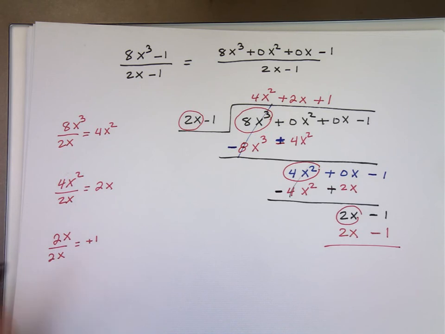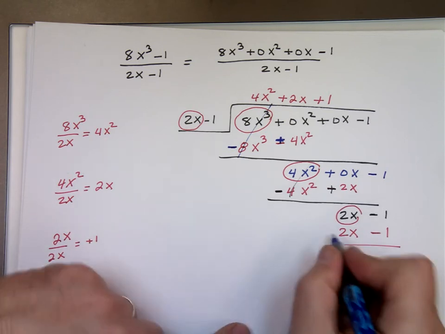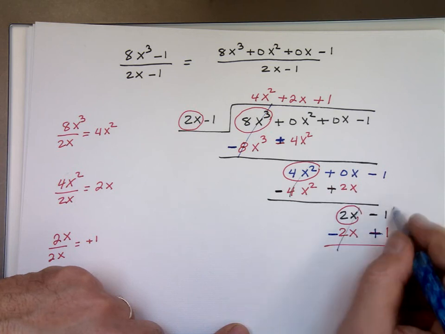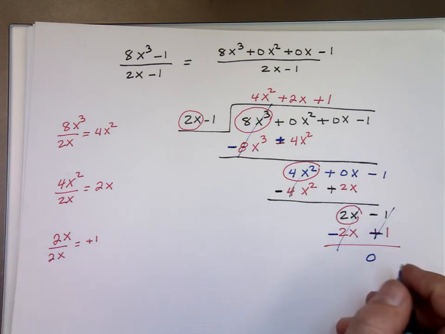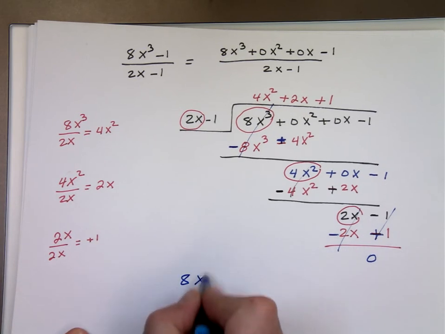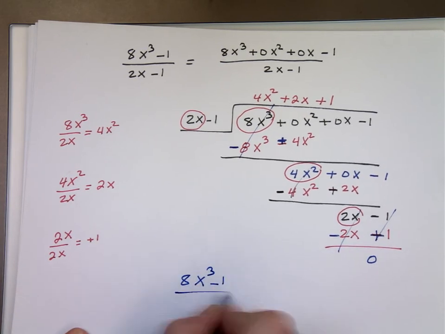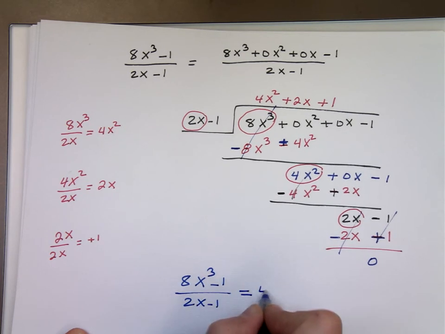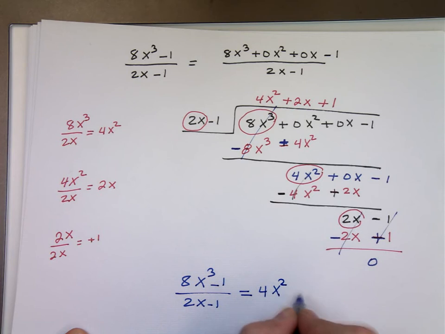This becomes a minus. This becomes a plus. Gone, gone. Remainder is 0. So what is the answer when you divide 8x to the third minus 1 by 2x minus 1? The answer is 4x squared plus the 2x plus the 1.